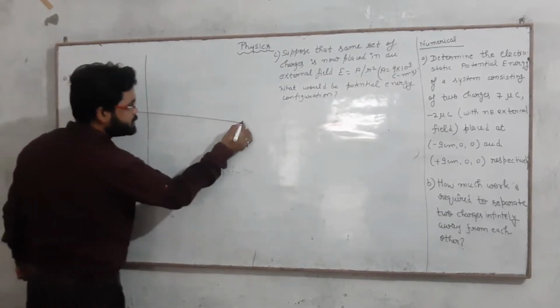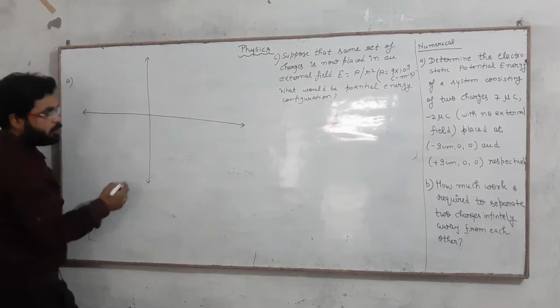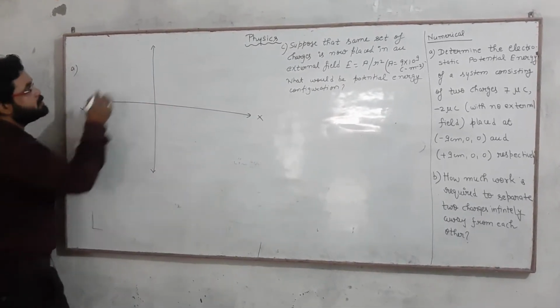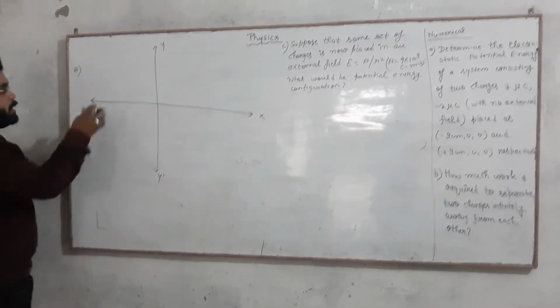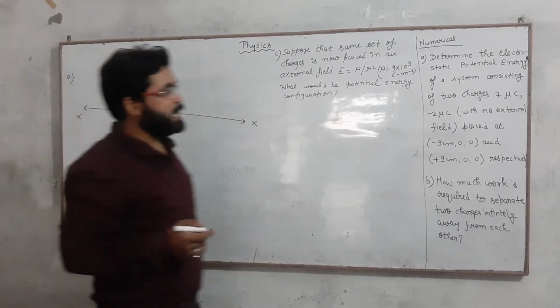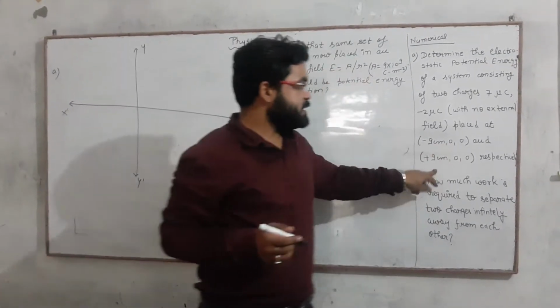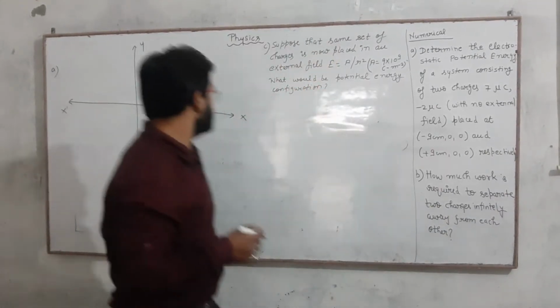This is the x-axis, this is x dash, this is y, this is y dash. The charges are placed on these two points. It means the x-axis is there, but y and z are 0.